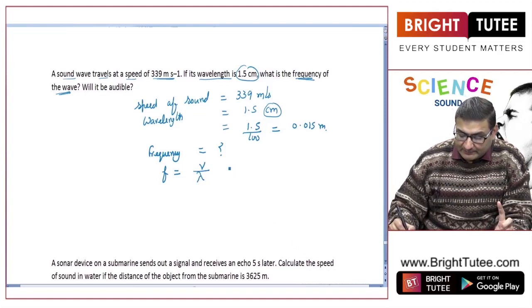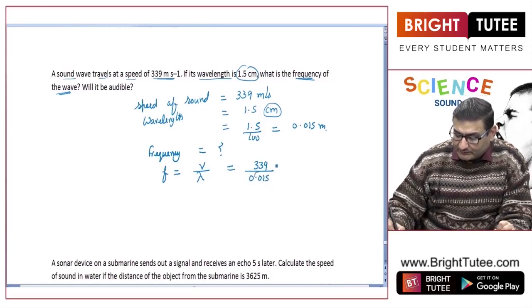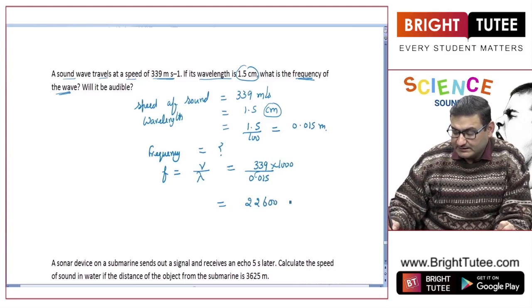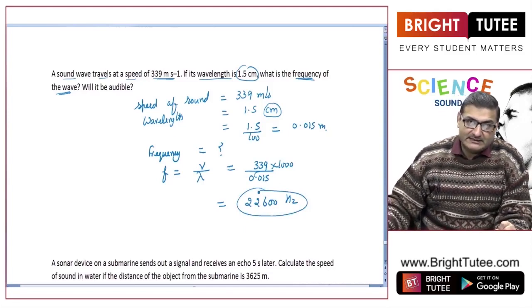So putting the values, the speed is given to be 339 meter per second and the wavelength is 0.015 meter. Calculating it, the value which comes out to be 22,600 hertz. So this will be the frequency.